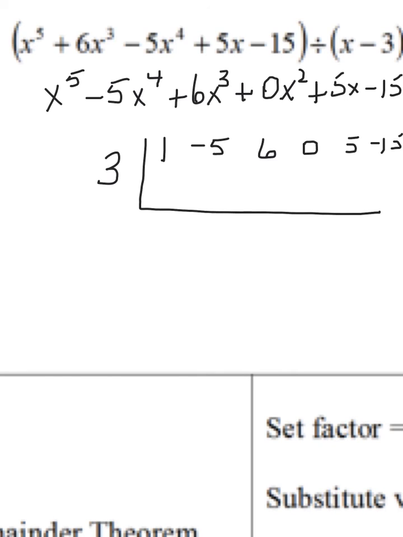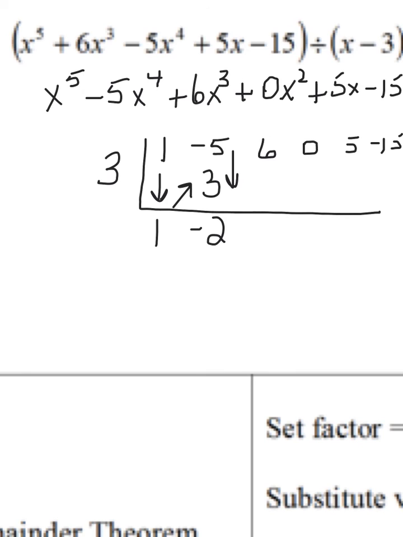And then I just start my algorithm. So I'm going to bring my 1 down. Then I do 3 times 1 is 3, and I'm going to write that here. And now I add. Negative 5 plus 3 is negative 2.